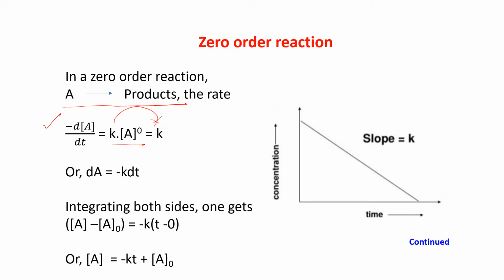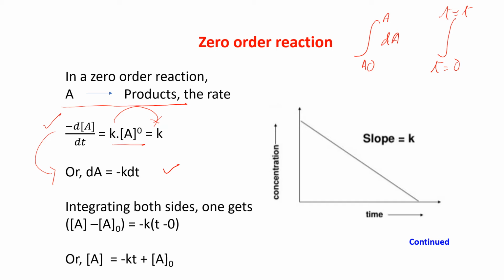So I can write here dA is equal to minus k dt. From here I can write this: dA is equal to minus k dt. Now integrating both sides, integrating dA from A0 to A, and time t equal to 0 to t equal to t.